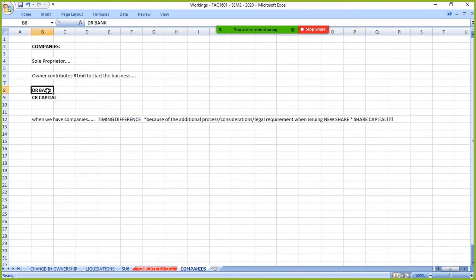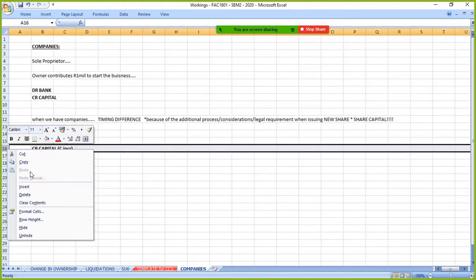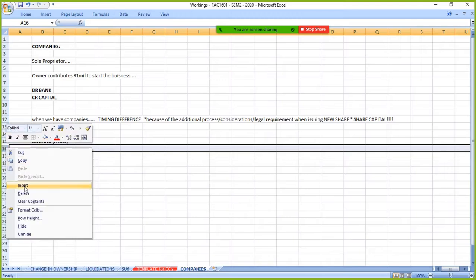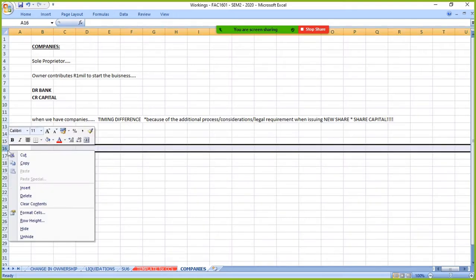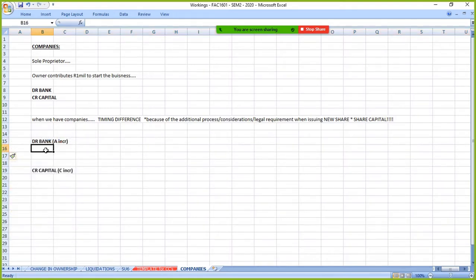So when you look at a company, to keep it simple, you will always have a debit for bank and a credit for capital, because the asset is increasing and so is the owner's equity. Capital is increasing. But because you have a timing difference, you'll have a working account.